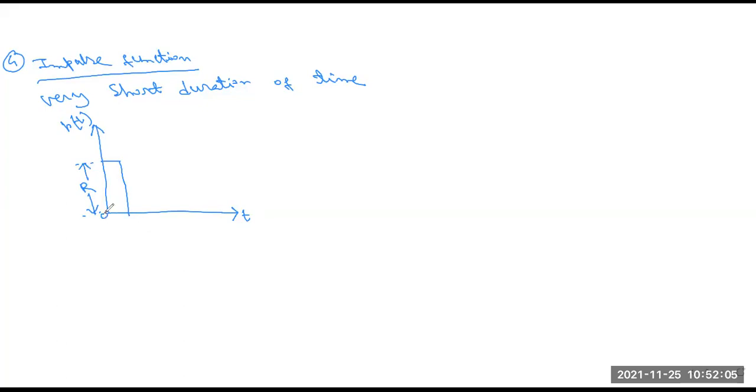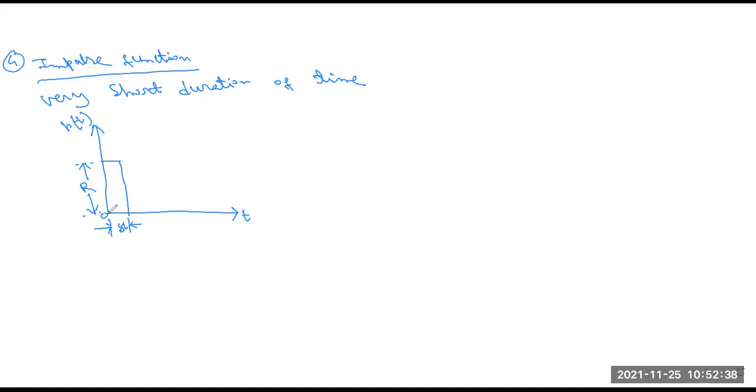This is the starting point, 0, and the distance between these two points is delta t, a very short interval of time. When we apply a system input for a very short duration, that is called the impulse function, and we name that interval from 0 to a certain very short time as delta t.